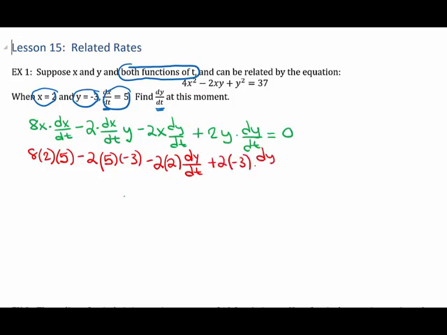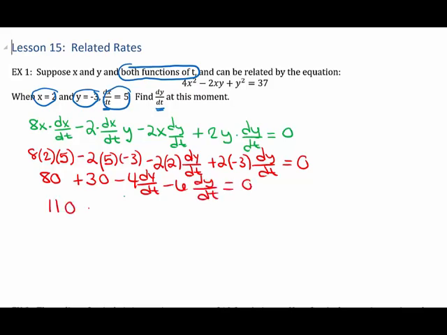Again, I don't know what dy/dt is. I'm going to do the math and combine like terms. This is an 80 plus 30 minus 4 dy/dt minus 6 dy/dt equals 0.